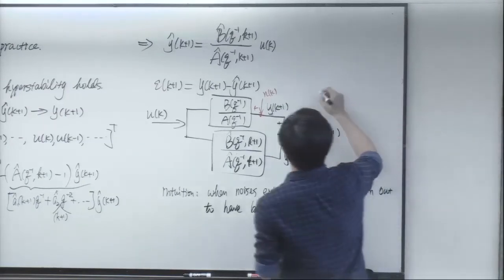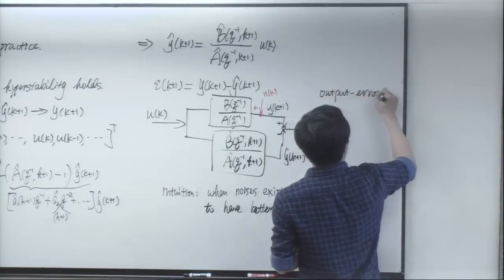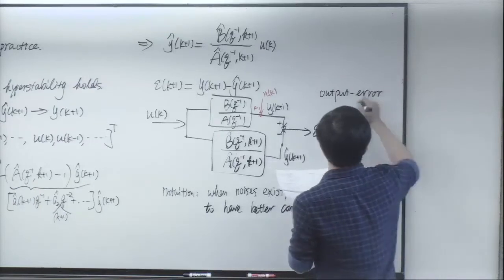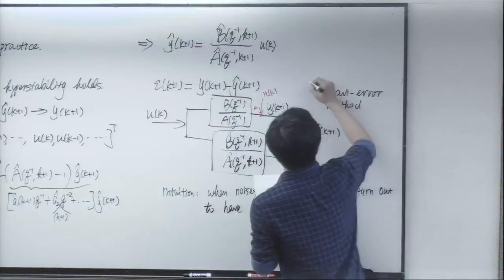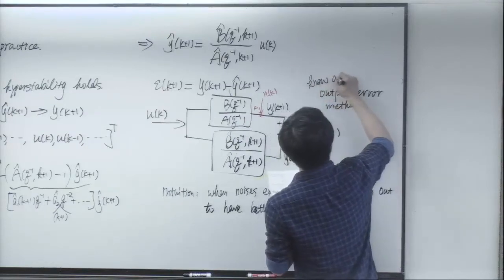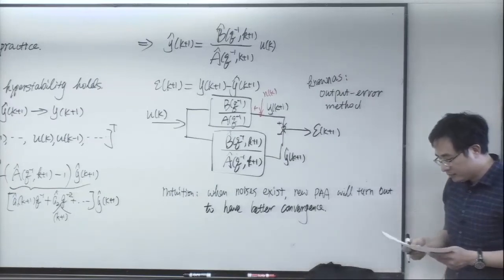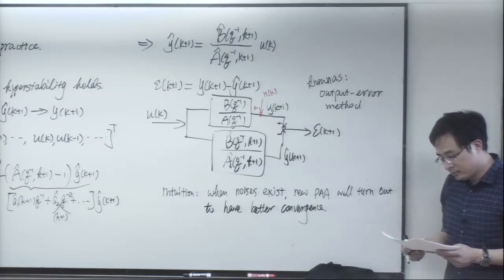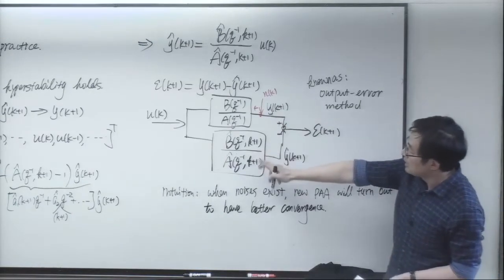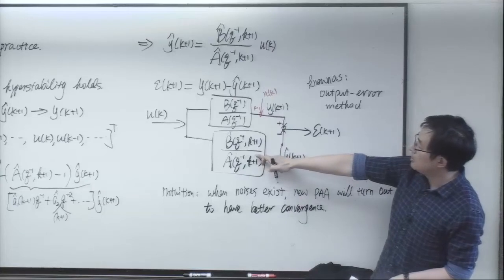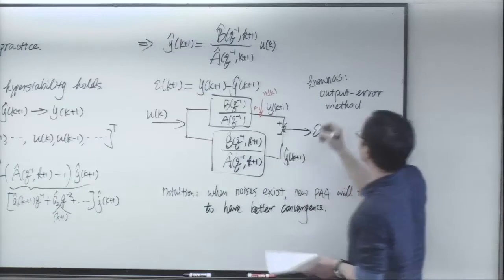So this is called the output error structure, output error method. It is also known as a parallel prediction method because your predictor is entirely in parallel with the true plant model.